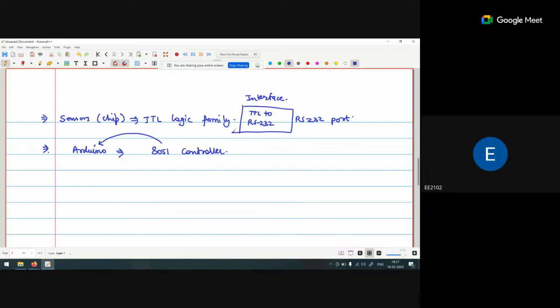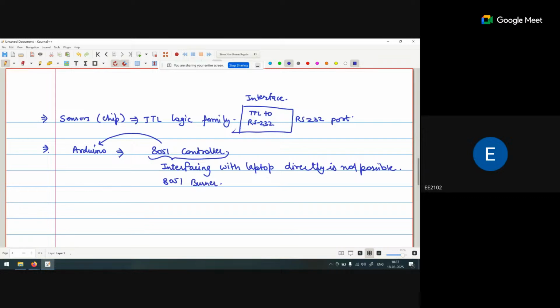The problem is 8051 interfacing with a laptop directly is not possible. You require an 8051 burner.